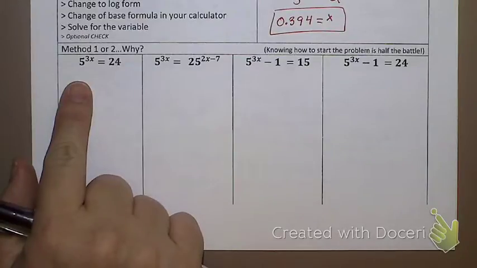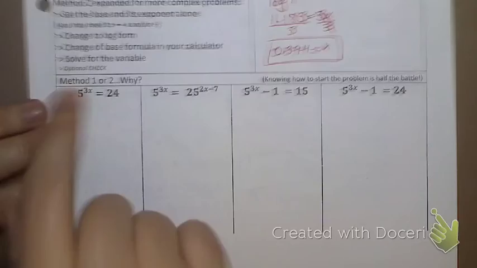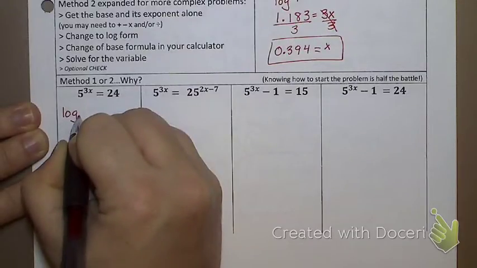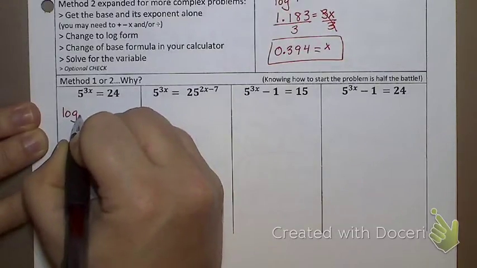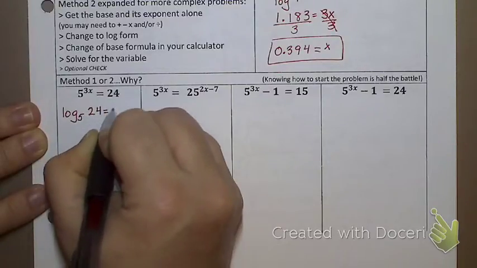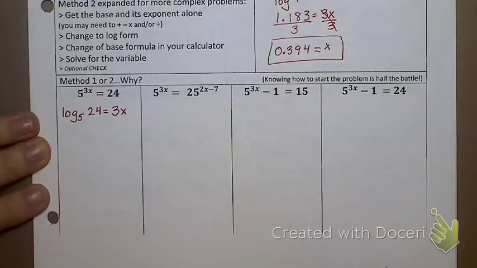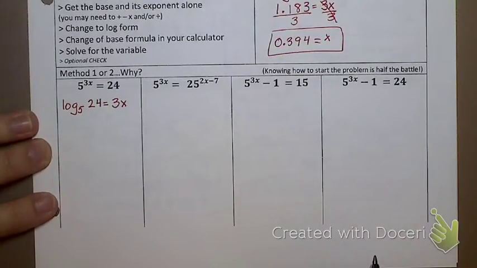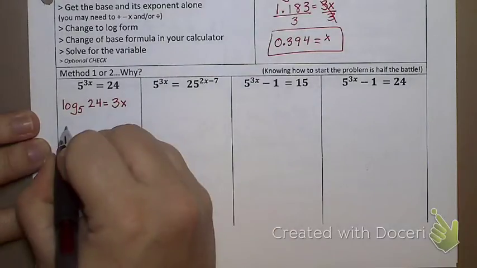Am I going to use the matching bases or the change to log form here? Change to log form. I can't get 5 and 24 to be the same base. So this would be log base 5 of 24 equals 3x. What do I do from here? Change of base, right?